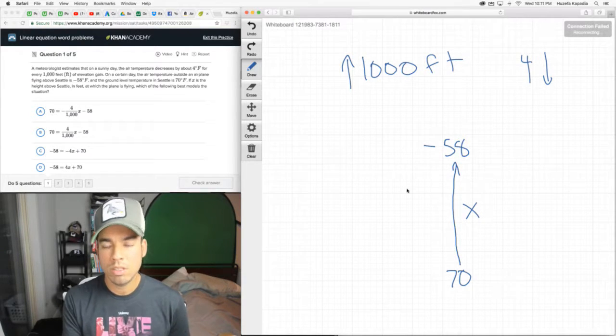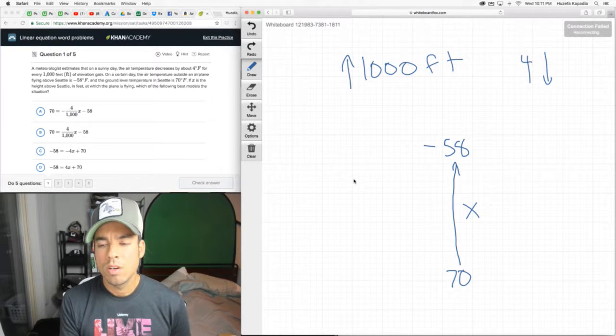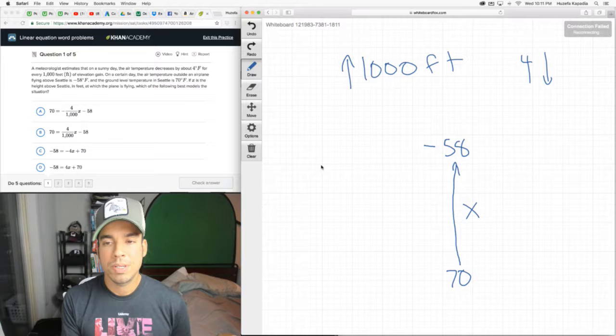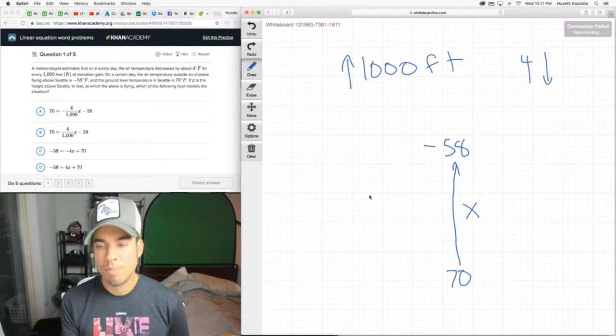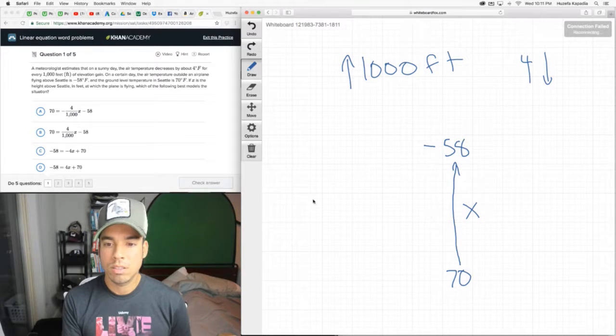So before we even look at these problems, let's think about it a little bit. Basically what's happening is every 1,000 feet we're dropping by 4. So you can think about it as the slope is essentially, if we look at these as y-axis or something, let's consider the temperature.